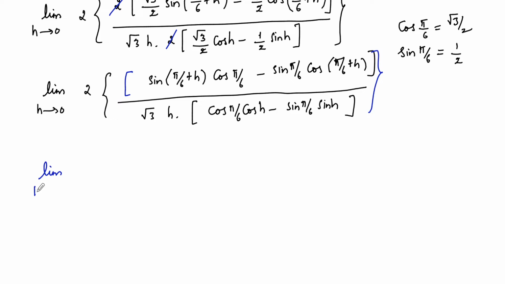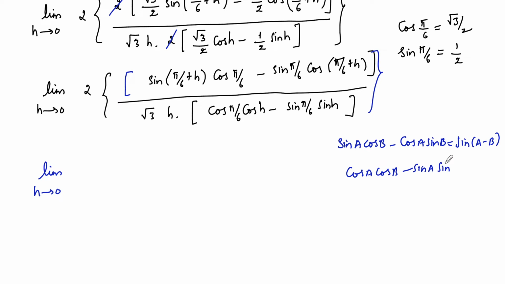So limit h tends to 0, since we know that sin a cos b minus cos a sin b is equal to sin of a minus b, and cos a cos b minus sin a sin b is equal to cos a plus b.